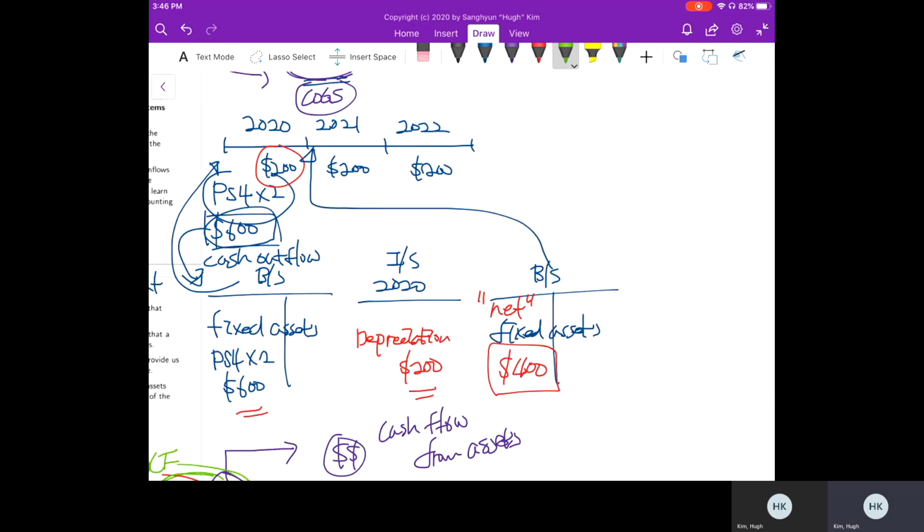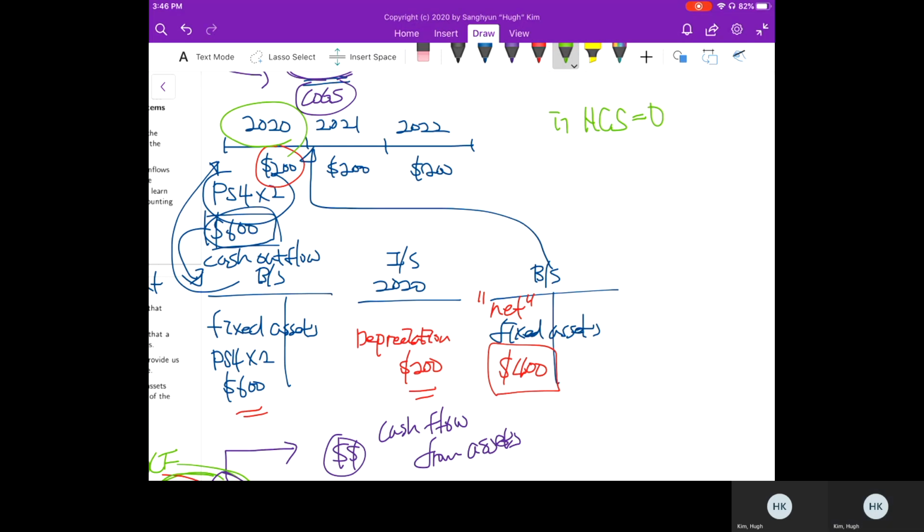Let's say during 2020, in the first scenario, you make zero net capital spending. So you do not buy additional PS4 consoles, or sell any of the existing PS4 consoles. Then net capital spending should be zero.